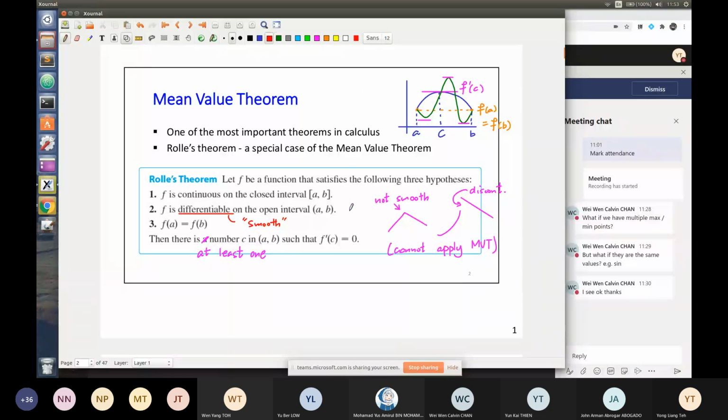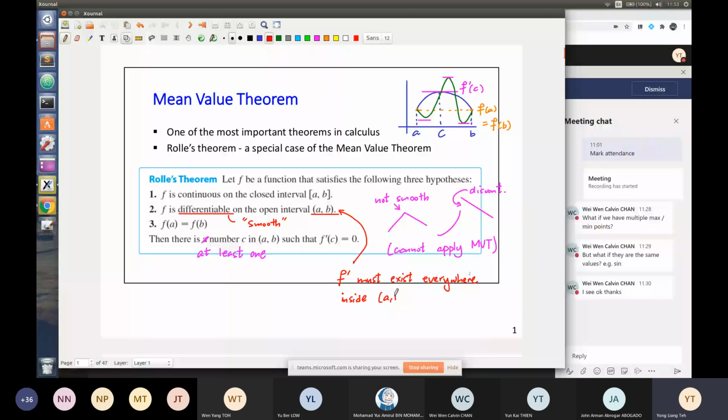So this condition says that f prime must exist everywhere inside (a, b).